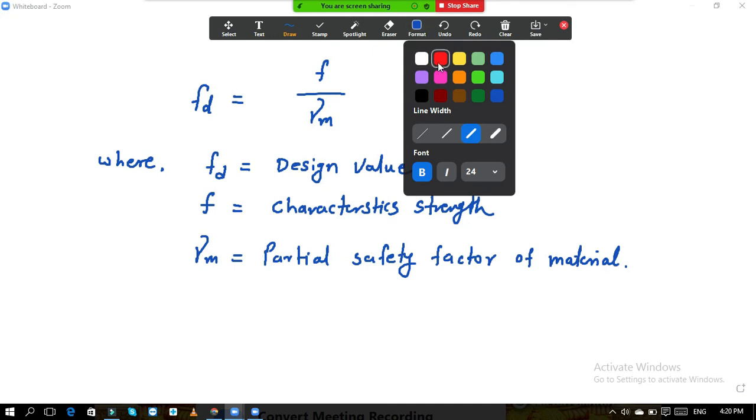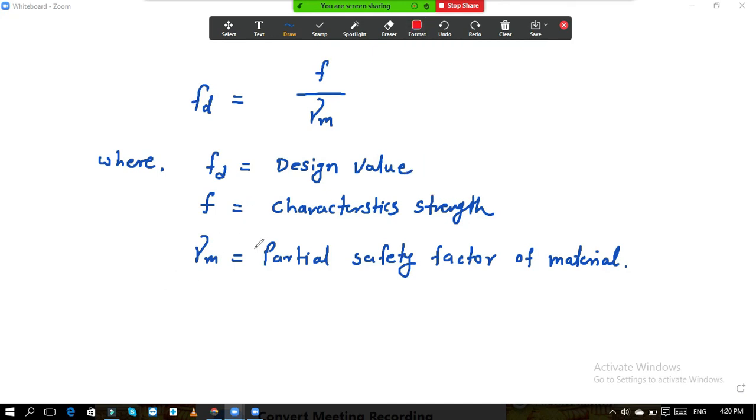So this is a very simple formula. I think there is nothing much more difficult in this. So FD is the design value, which is equal to F divided by gamma M. F is your characteristic strength, and gamma M is the partial safety factor of the material. If you take the ratio of characteristic strength to the partial safety factor, then it gives you the design strength.